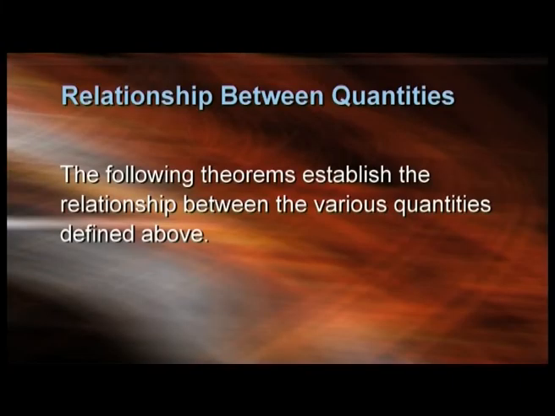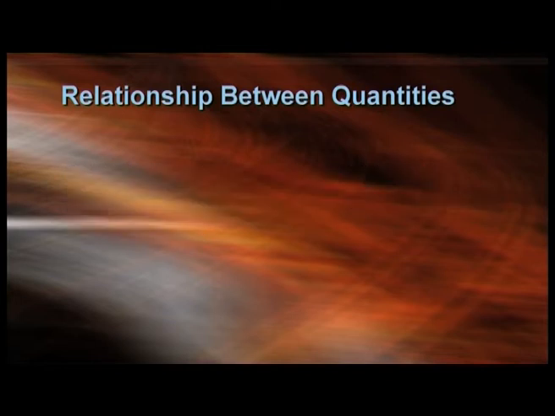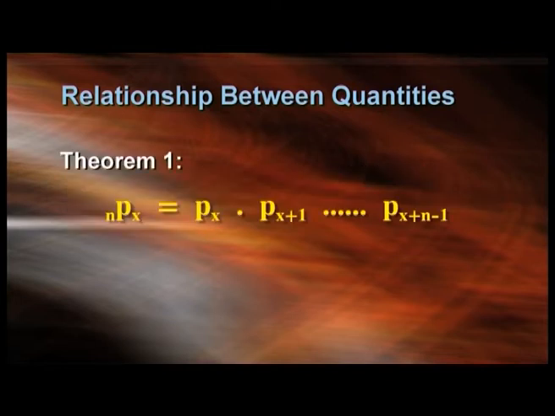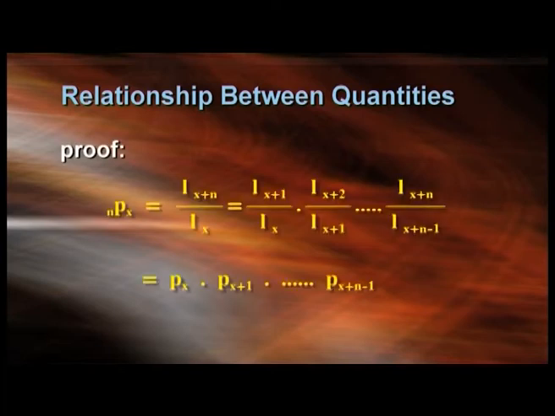Relationship between quantities. The following theorems establish the relationship between the various quantities defined above. Theorem 1. n P of x is equal to P of x into P of x plus 1 up to P of x plus n minus 1. Proof.